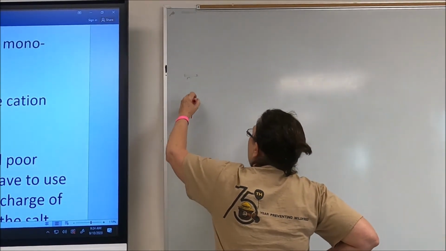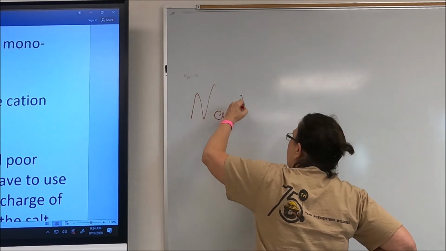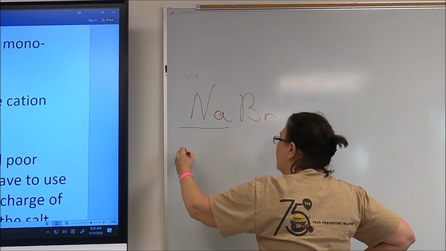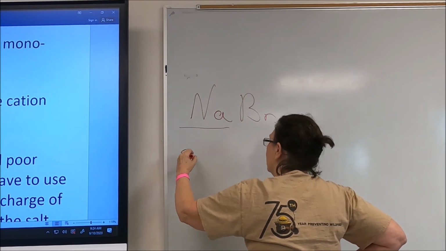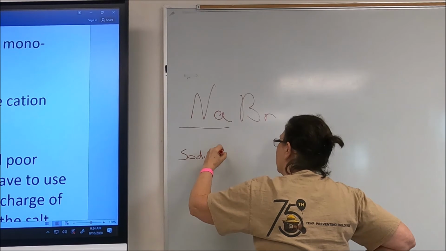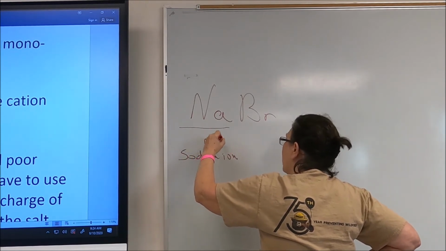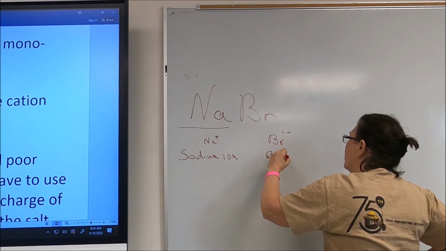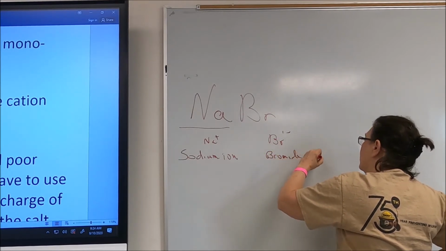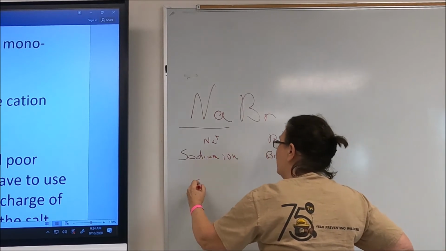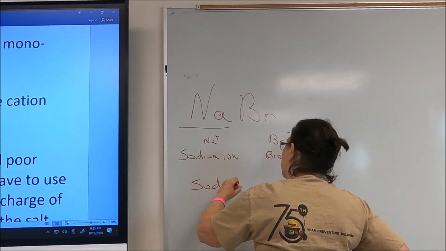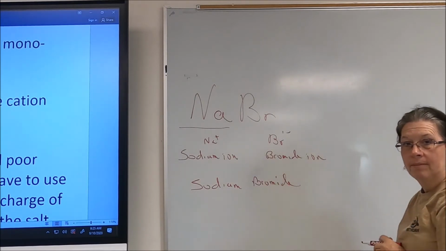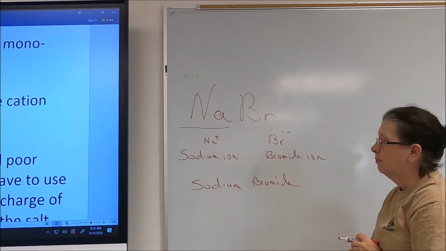Okay, so if I went NaBr, this is a sodium ion. That's Na+. This is a bromide ion. So if I just combine those names together, I get sodium bromide. Okay?